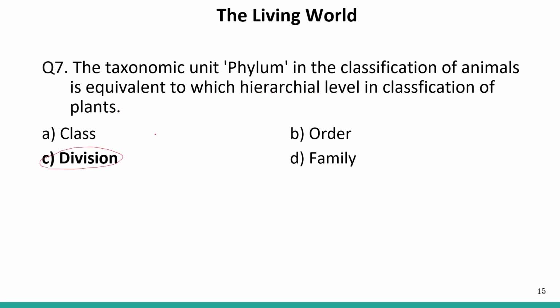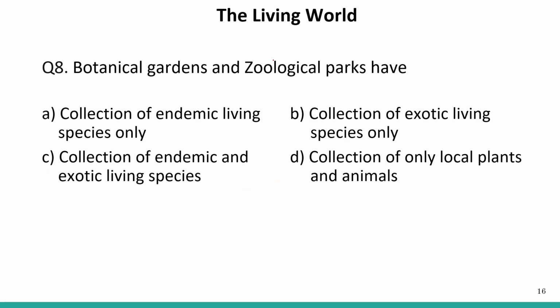In the case of animals we call it phylum. If we are talking about animals we have to say phylum, suppose phylum Chordata. But in the case of plants it is division. Alright, this is correct.